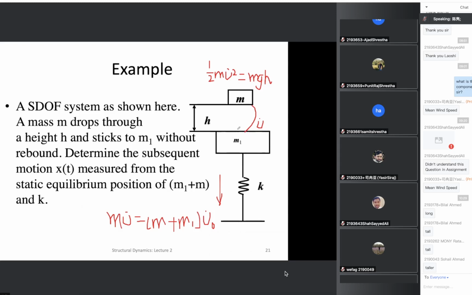We have something dropped here, and if we need to ensure the safety of the bottom structure, say it has some important facilities, we can simplify it like an SDF system with something dropped from the top, and calculate the total displacement of the bottom structure.